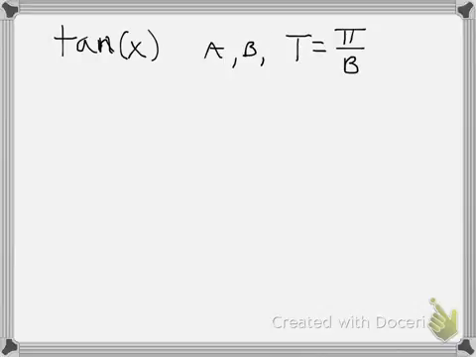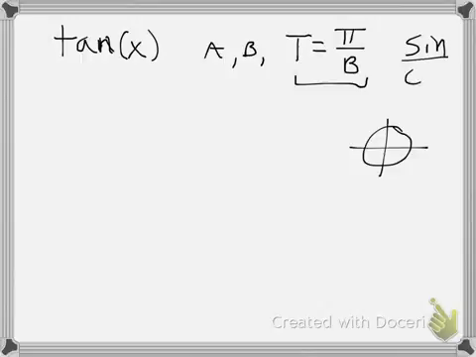But anyways, tangent, your period now is pi over B. And tangent, if you remember from the unit circle, because tangent is sine over cosine, you're going to have some undefined spots. When sine is 1 and cosine is 0, 1 over 0 is undefined. So you're going to have some undefined spots. We call those asymptotes.